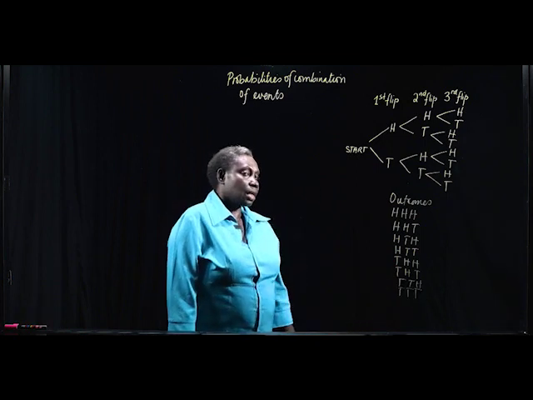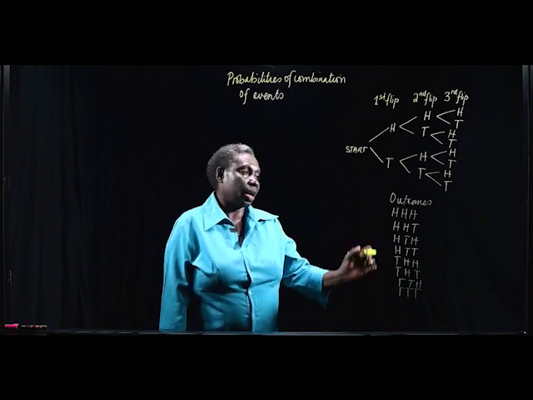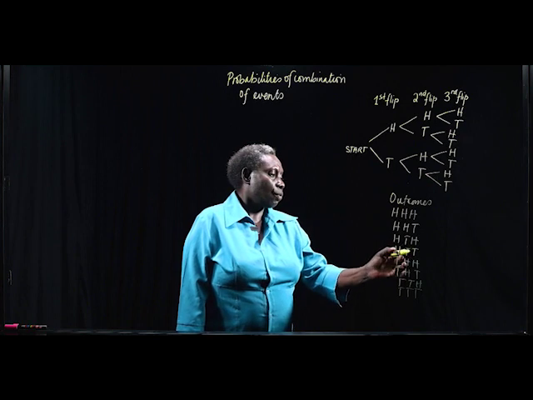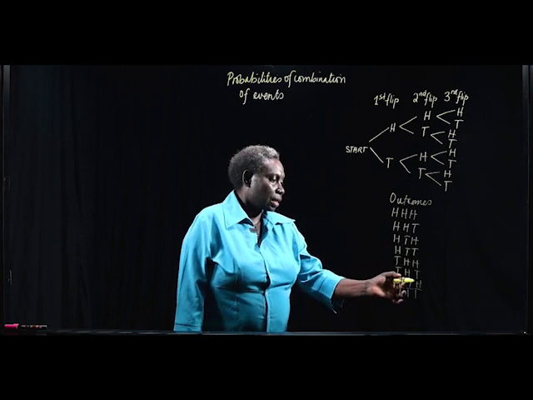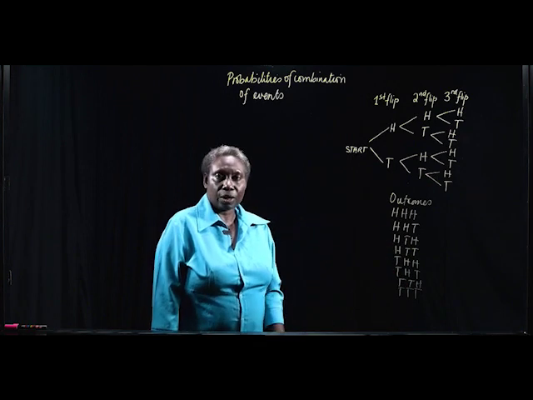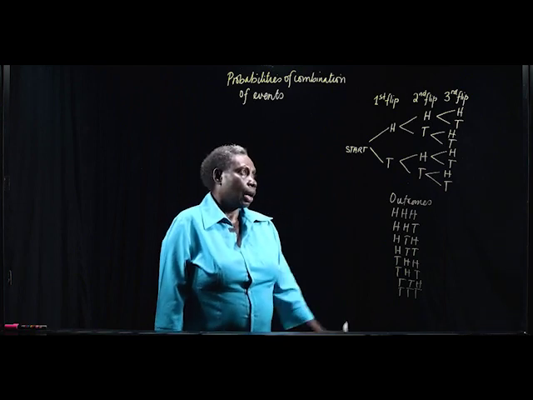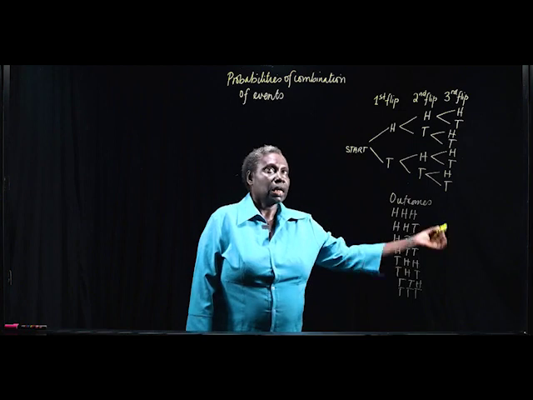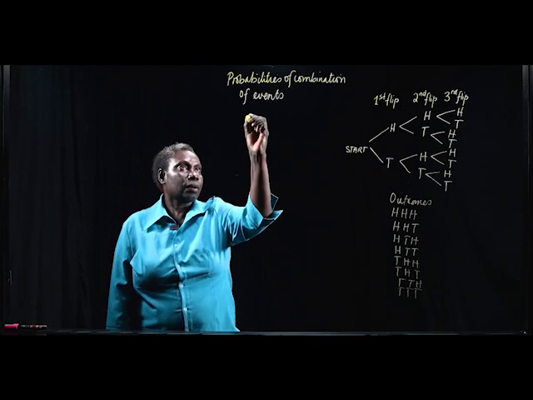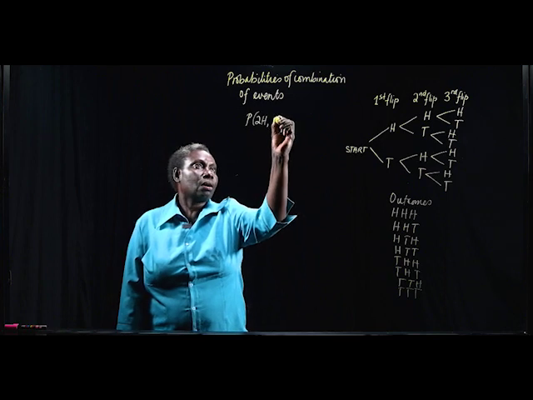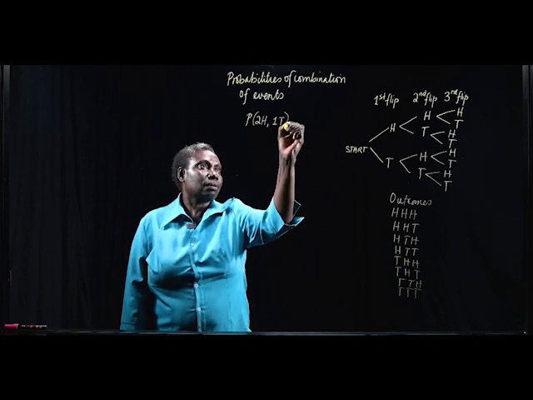Now, let's see how many total outcomes we have. We have 1, 2, 3, 4, 5, 6, 7, 8. We have a total of 8 possible outcomes. Now, our probability is to find 2 heads and 1 tail.